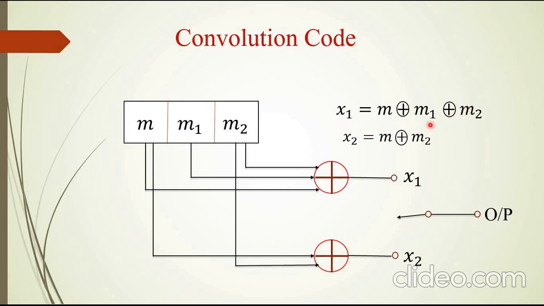So x1 will be m plus m1 plus m2, the algebraic sum of all. And output x2 equals m modulo 2 sum m2, and this is a modulo 2 sum.